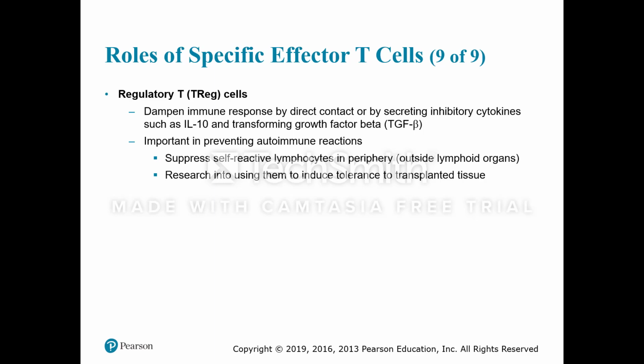So they suppress reactive lymphocytes that are in the area outside of the lymph organ. There is big research going on now on regulatory T cells because they might be good in possibly preventing rejection of transplanted tissue.